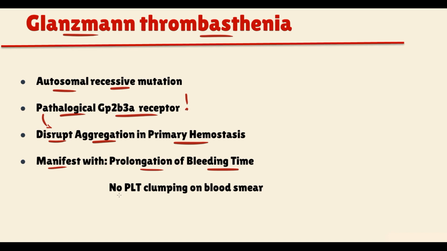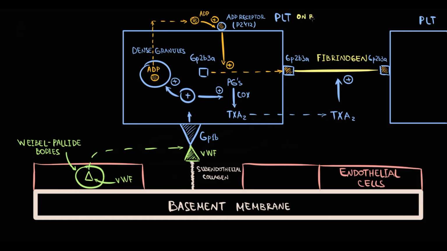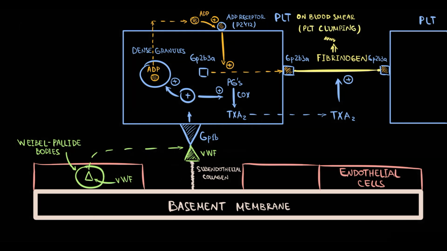In addition to this, on a blood smear there will be no platelet clumping, because as we know, in normal condition on a blood smear, some platelets by the GP2B3A receptor and fibrinogen can bind to another platelet, and the phenomenon when two platelets are bound together is called platelet clumping.